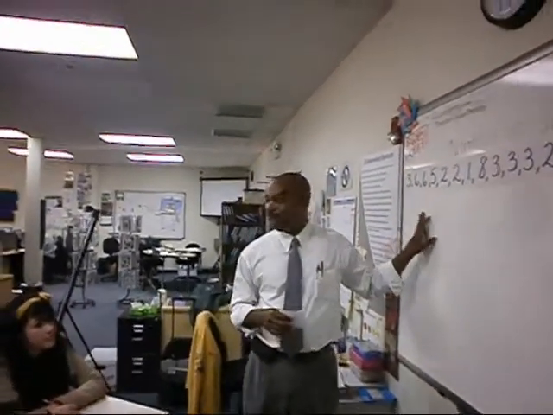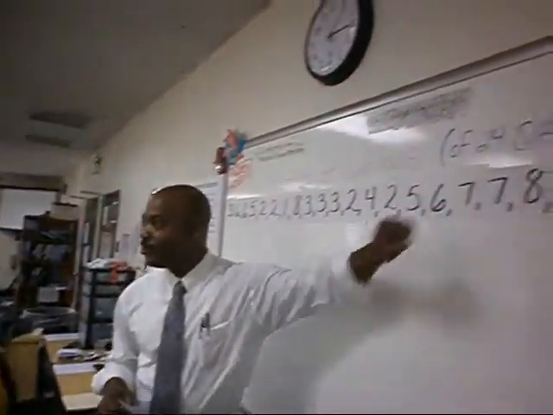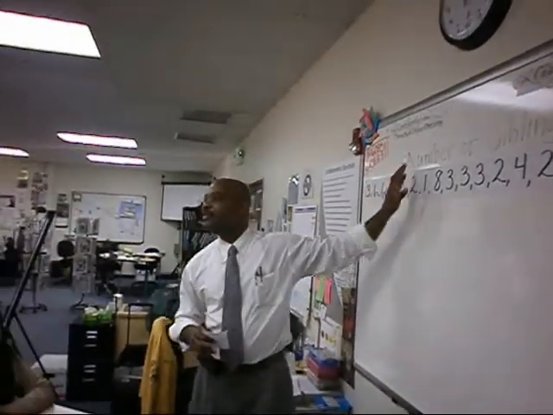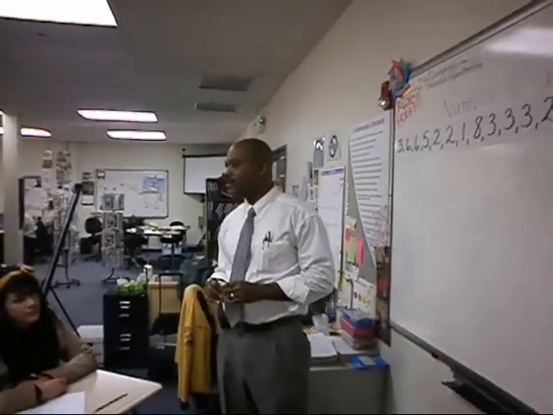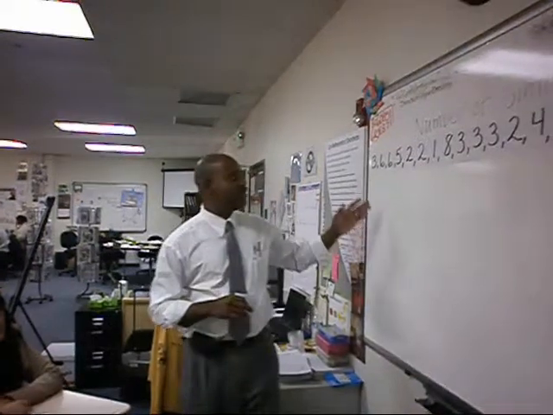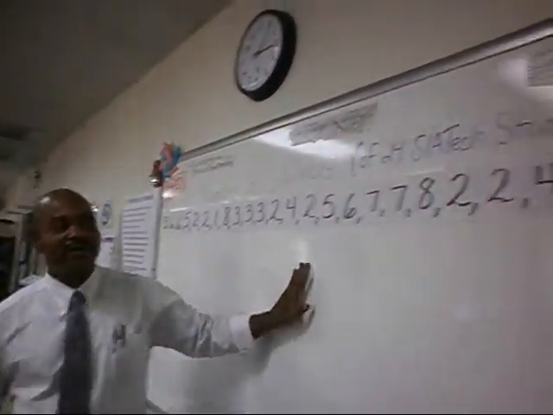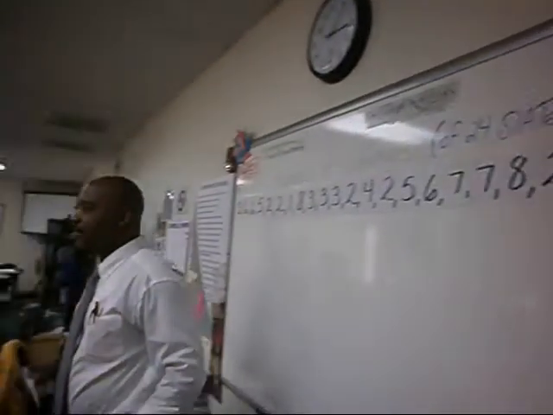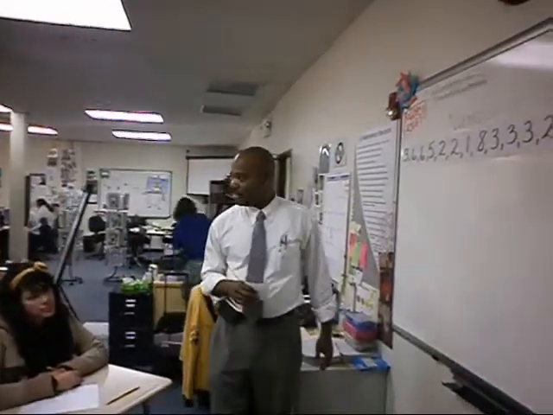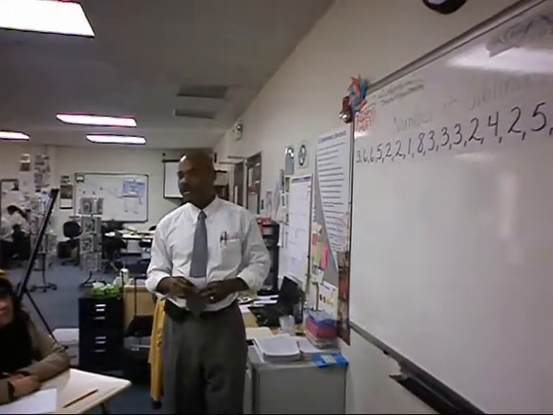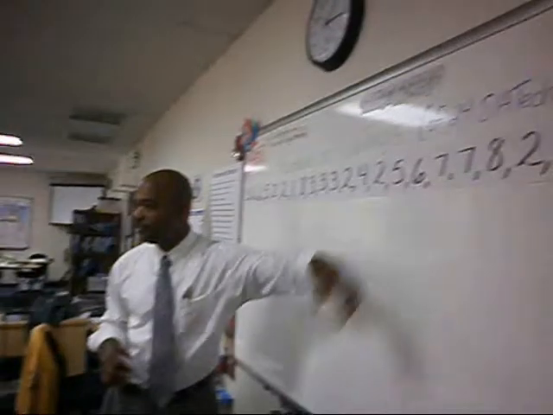Many of the students, 24 SciTech students, were asked earlier to prepare for this lesson. They were asked about the number of siblings in their household. So you see we got a series of data here, and these 24 numbers represent the number of siblings in the households of these 24 students.